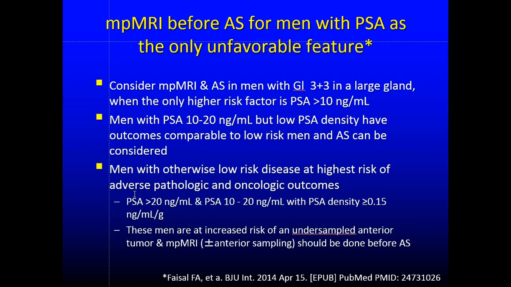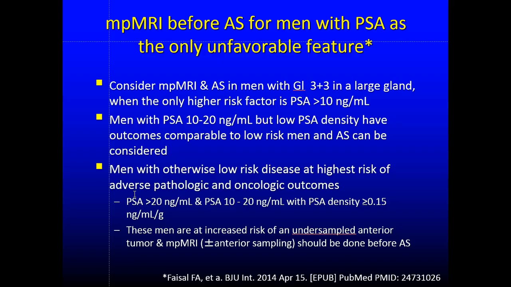Now, what about men with only a PSA that's elevated and that's the only unfavorable characteristic? Well, it turns out that if you have PSA between 10 and 20 but you have a low PSA density as well, then your outcomes would be as good as patients with regular parameters for AS.